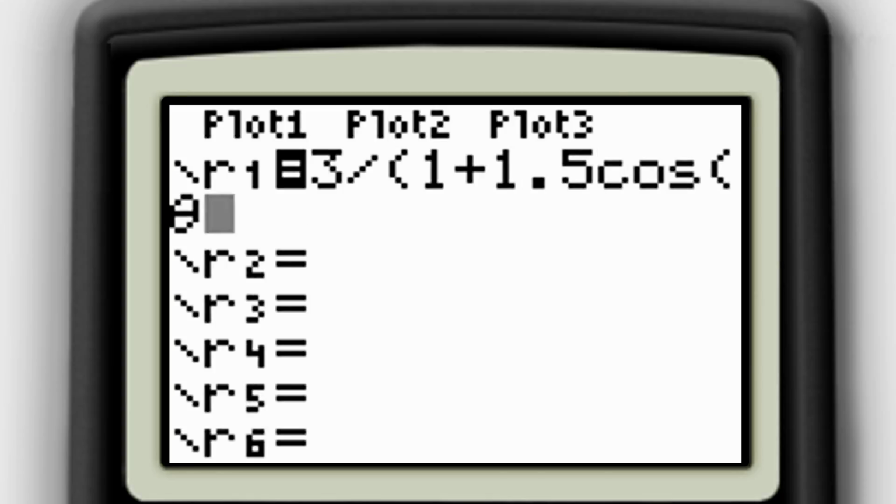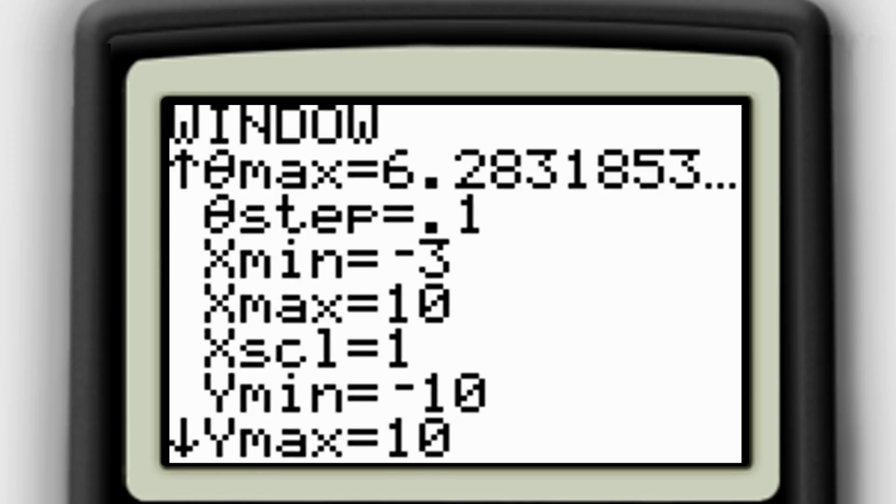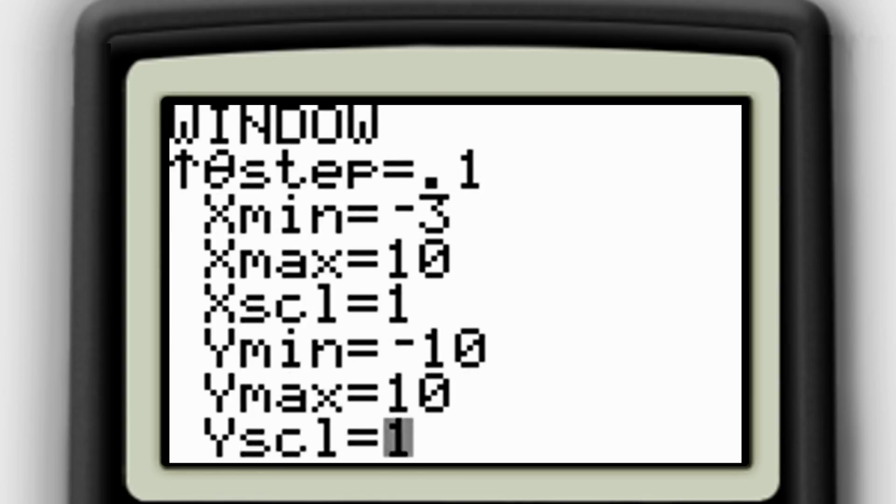For our window, again, we'll leave theta min at 0, theta max at 2 pi, and our theta step at 0.1. For x min, we'll go from -3 to x max of 10 and x scale of 1. And our y min from -10 to y max of 10 and a y scale of 1. And press graph.